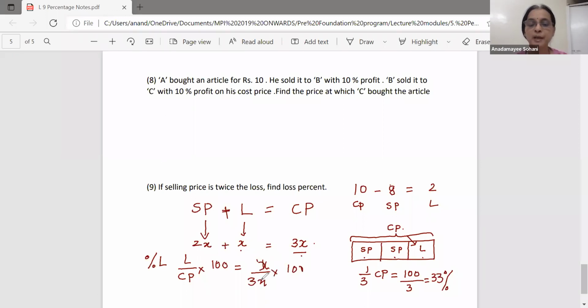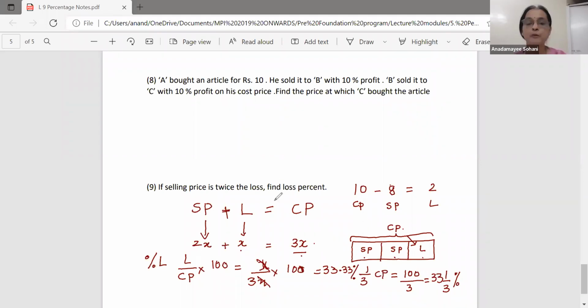X will go, it will be 1/3 of 100, that is 33.33 and 1/3. I'm sorry. 100 upon 3 is 33 and 1/3. So this will come to 33 and 1/3. Those who have decimal understanding, this will be 33.33 recurring, 33.33%, 1/3 of 100.